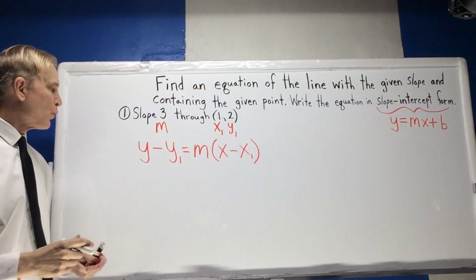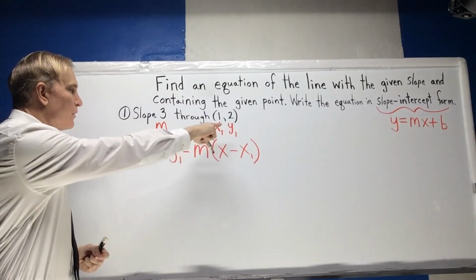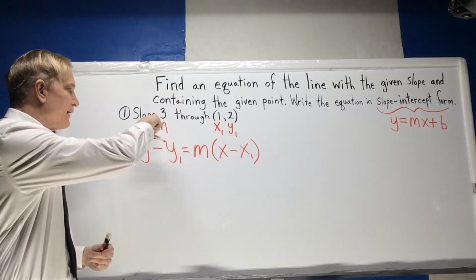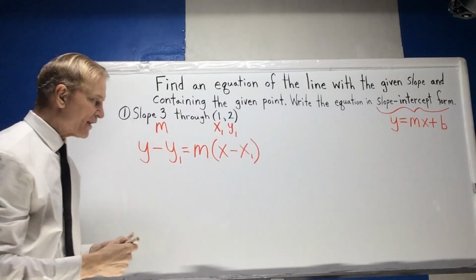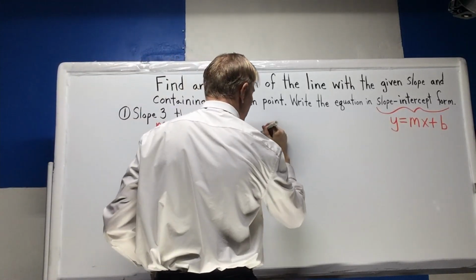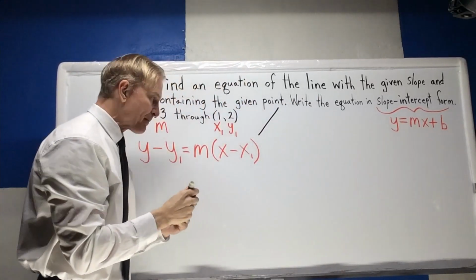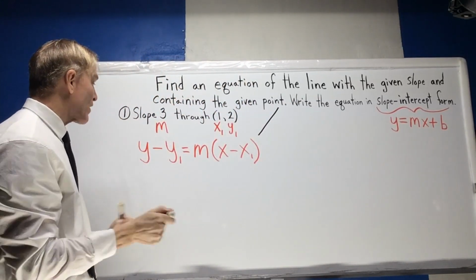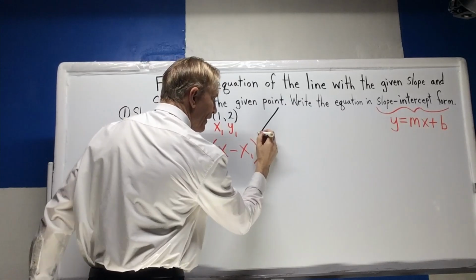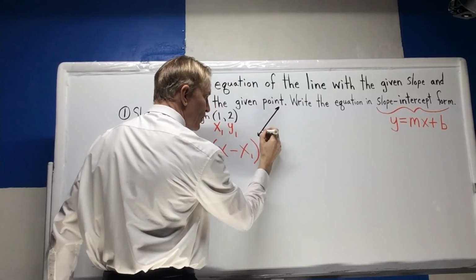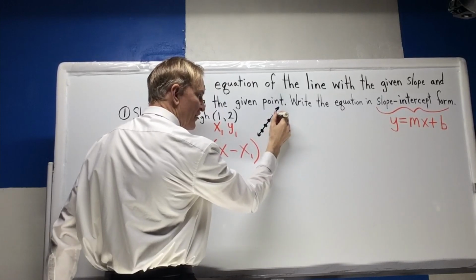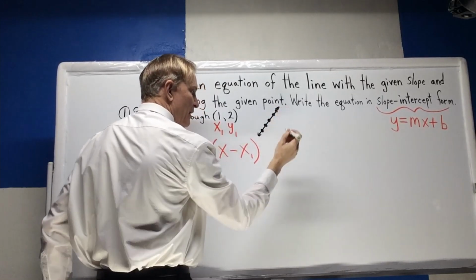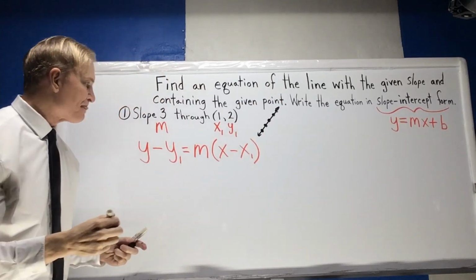All right, so now we want to know how we're going to insert the slope and the point. Well, what is this y? What this y here is, it's representing all the y coordinates on the line that we're after. So there's a point there, and a whole bunch of points in between, but you have an infinite amount of points that are on this line.